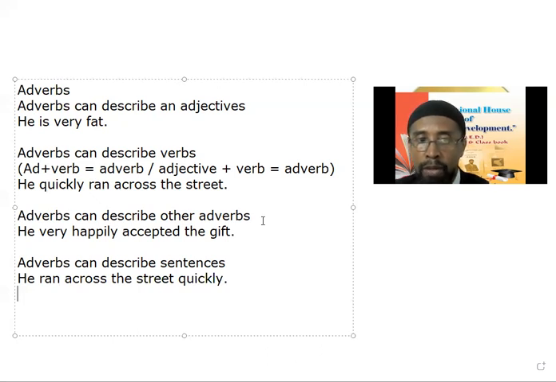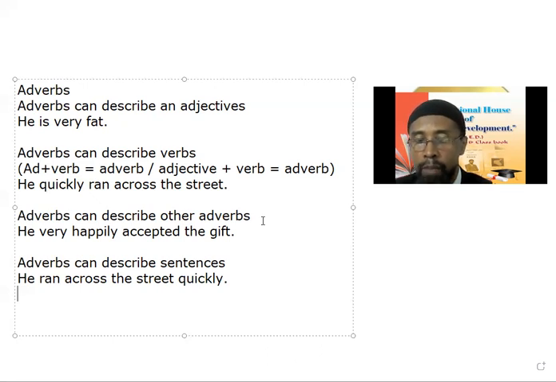If I say he ran across the street quickly, and I'm modifying the whole sentence, that means it's something describing the man, he, and how he ran. If I'm describing both of them, then it's actually a natural attribute of the subject of the sentence. It's normal for him to run quickly. He ran quickly, yes, but also he is a quick runner.